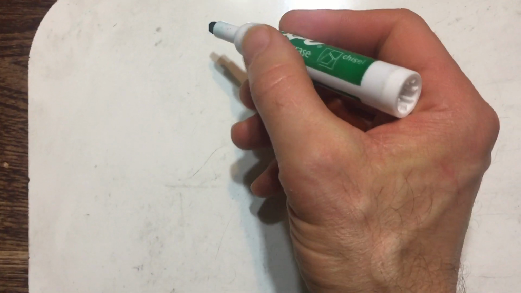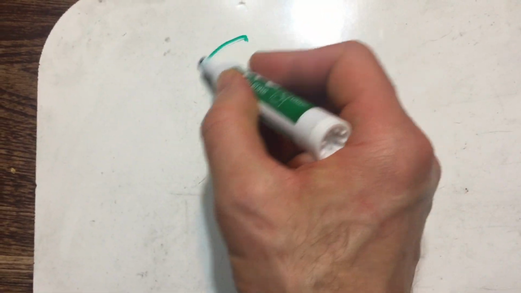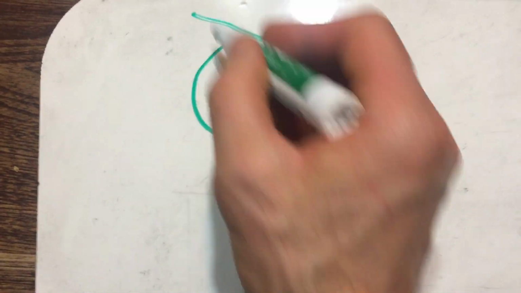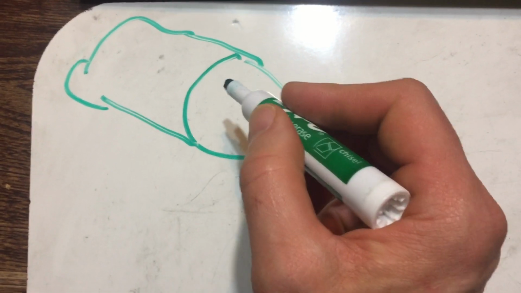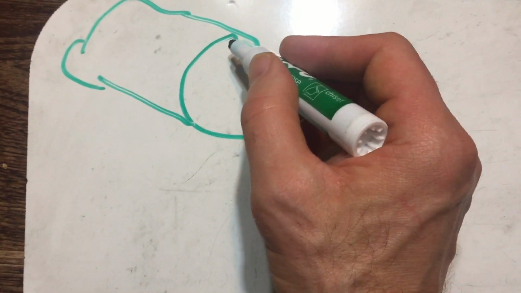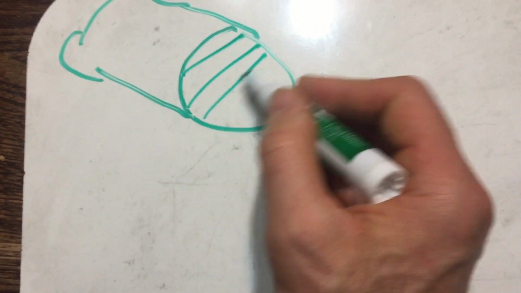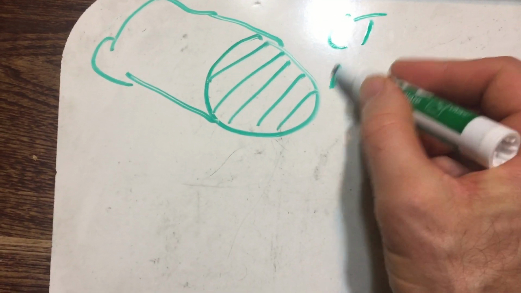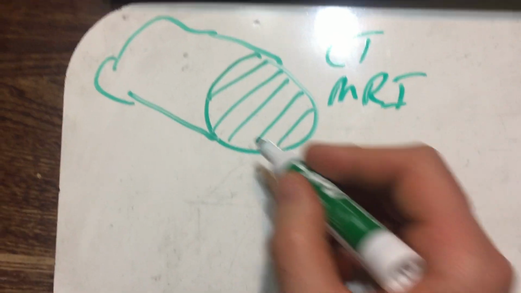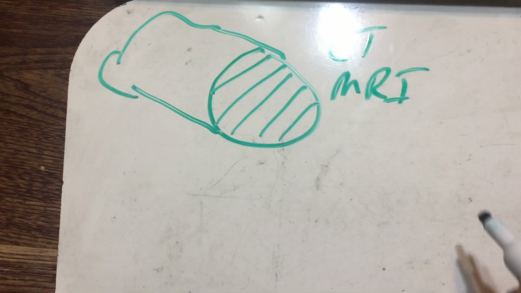So you get a computed tomography scan. Say this would be a muscle. This would be like a whole muscle. And the scan would allow you to assess this cross-sectional area of a muscle. So this would be a CT scan or MRI. You get the whole muscle fiber area.